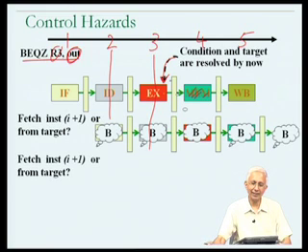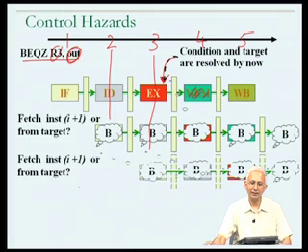Hence, even in the next cycle, we are not in a position to answer whether we should fetch instruction I plus 1 or from the target, and we'd actually have to stall this pipeline for one more cycle, in which we push a bubble into the pipeline rather than a useful instruction starting through the pipeline.